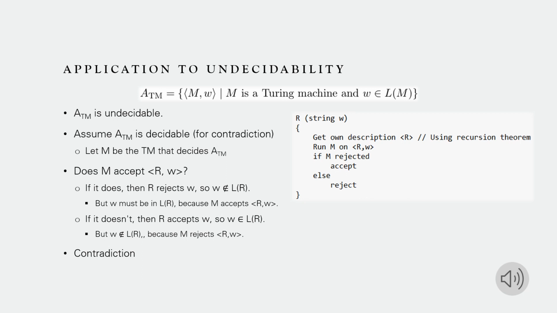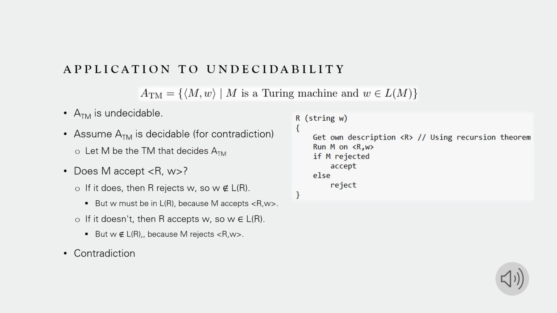So the question is, does M accept R, W? If it does, if M does accept it, then R will reject W because R does the opposite of what M says. So that means that W is not in the language of R, but W has to be in the language of R because M accepts R, comma W. So there's a contradiction there.